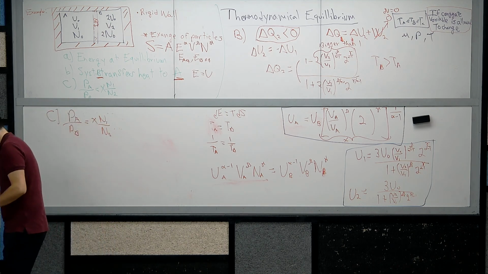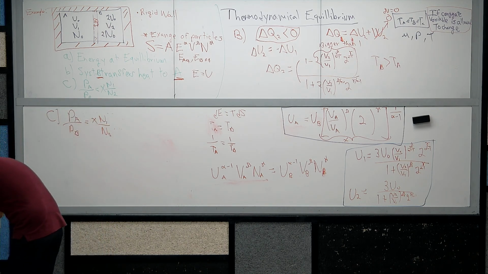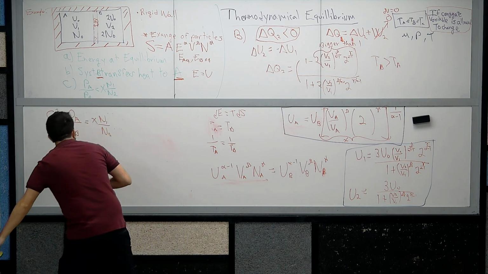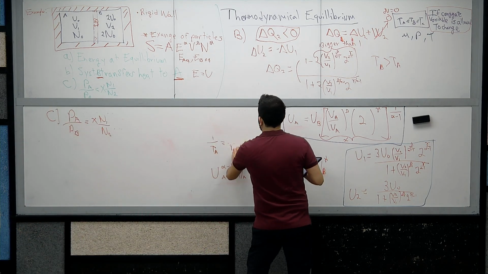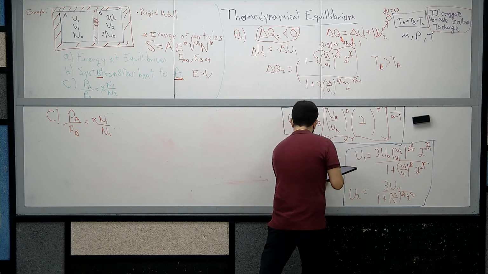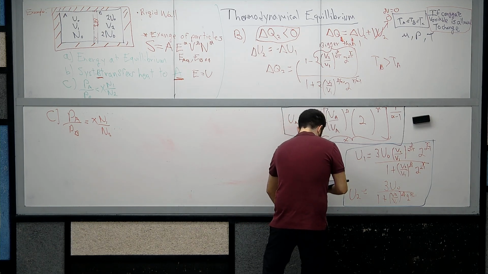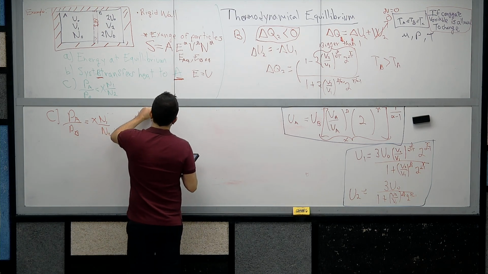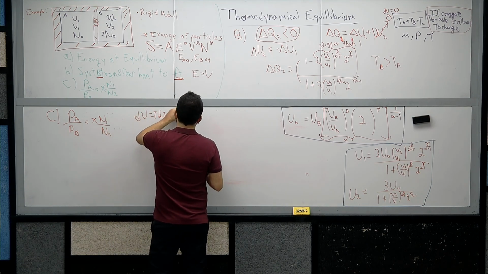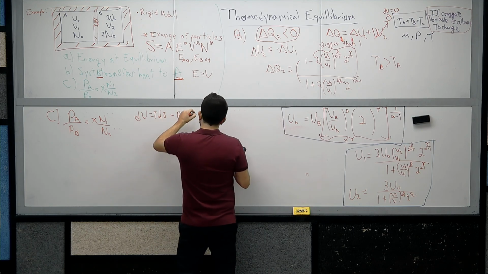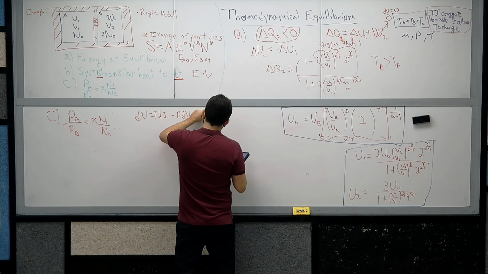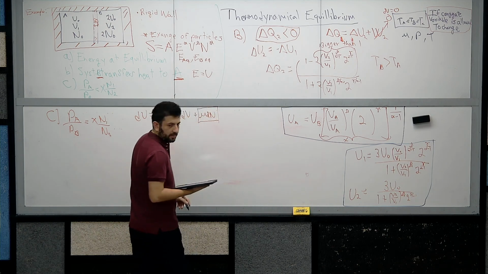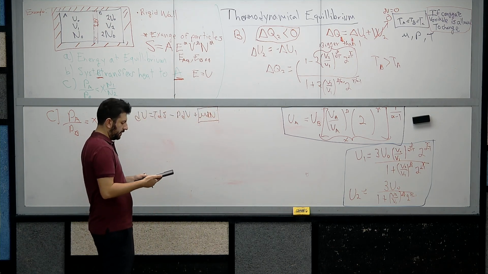Okay. So then we write the change of the energy as dU equals TdS minus PdV plus mu dN, right? And we are now interested in this quantity, right?